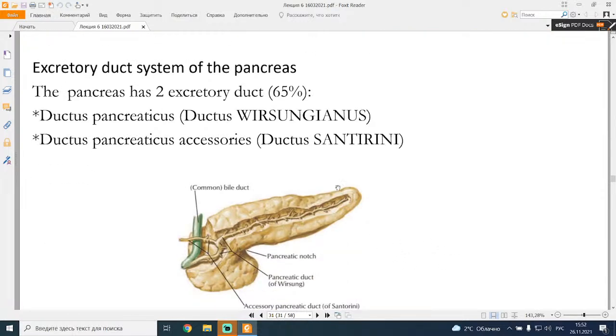Excretory duct system of the pancreas. The pancreas has 2 excretory ducts, ductus pancreaticus and ductus pancreaticus accessorius.